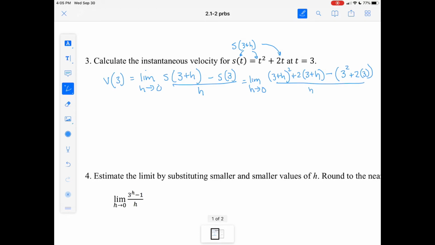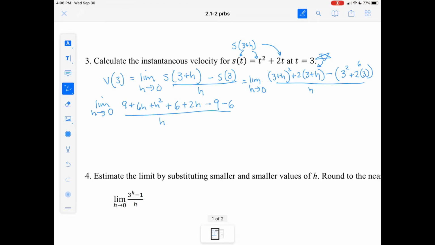Now let's clean up house. So this is going to look like this. The limit as h approaches 0 of, and I'm foiling the 3 plus h, that's 9 plus 6h plus h squared, plus, now I'm going to distribute the 2, so that's 6 plus 2h, minus, I'm going to distribute the negative, 3 squared gives me 9, 2 times 3 is 6, so minus 9 minus 6, all over h.